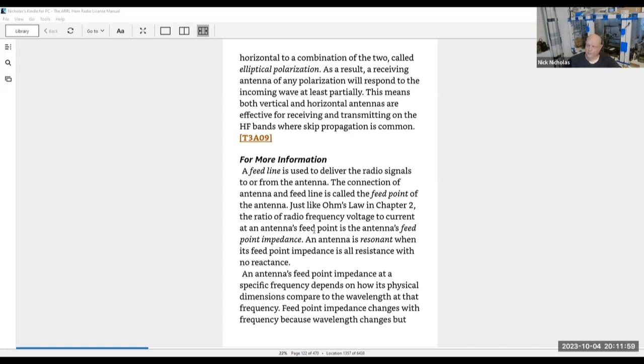Third, the goal of a transmitting antenna is to best make a signal leave the antenna. The goal of a receiving antenna is to get the most signal to come onto or enter the antenna. They're uniquely different. You see the concepts there?